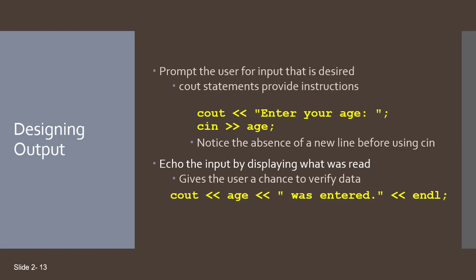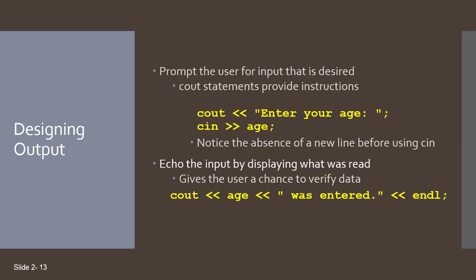Once you've got data in, it's also a good idea to just check it and make sure you got what you think you did. And we can do that pretty easily using something called an echo print. At the bottom of this slide, you see that. The cout statement sends three things out to the display. It sends age, not the word age. Okay, age is a variable. It sends out whatever is contained in that variable.